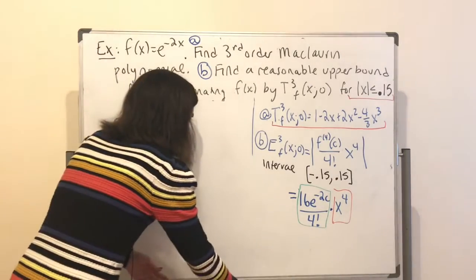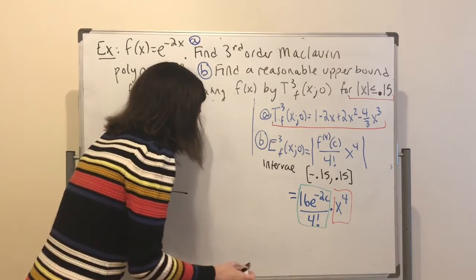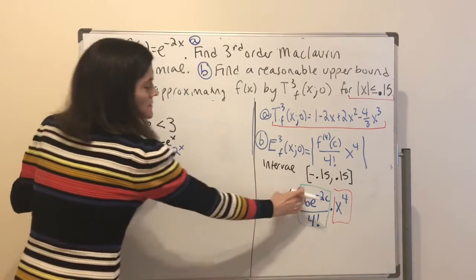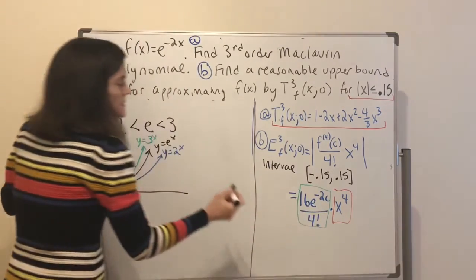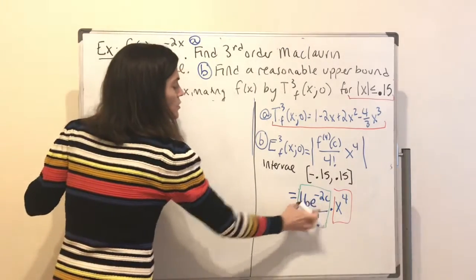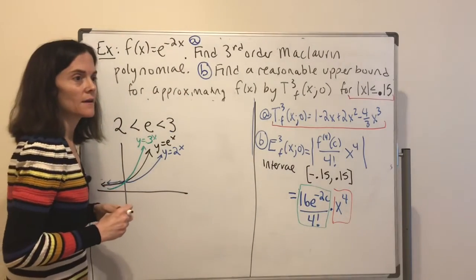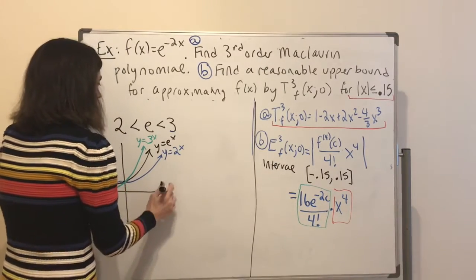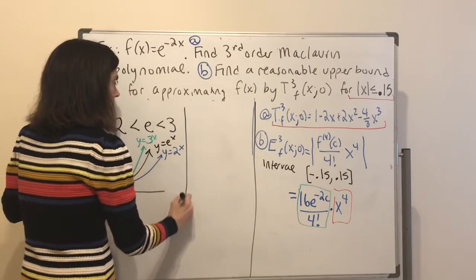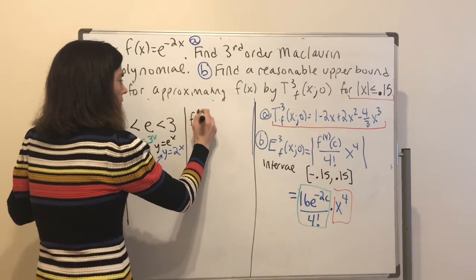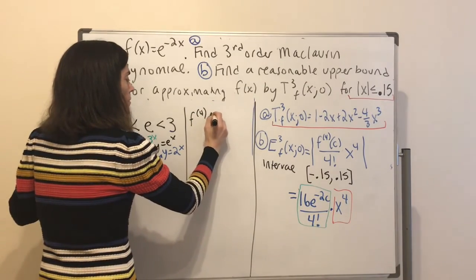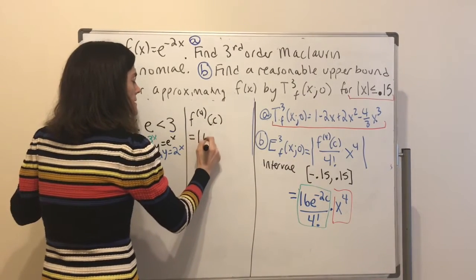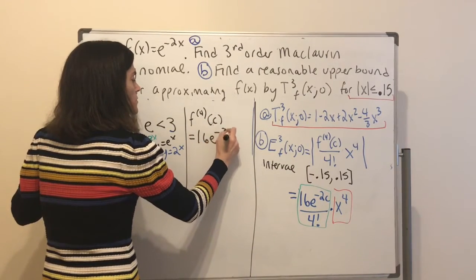Now I will continue to work in my side box for a moment because let's not worry about the coefficients. Let's just look at the numerator, which really is the fourth derivative. So my fourth derivative at c is 16e to the minus 2c.